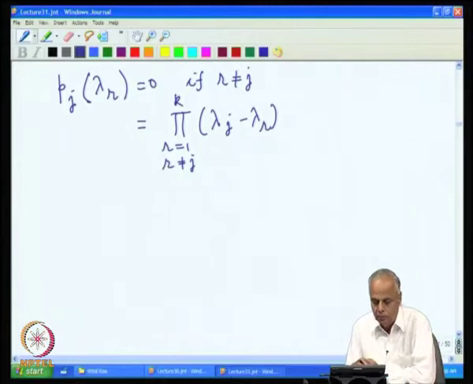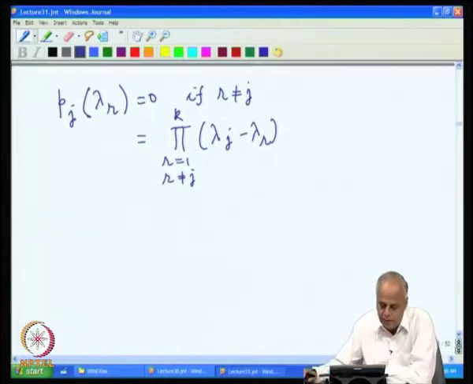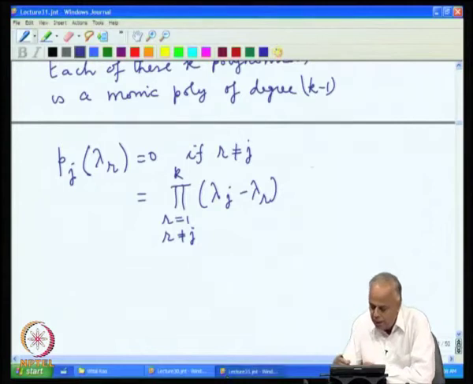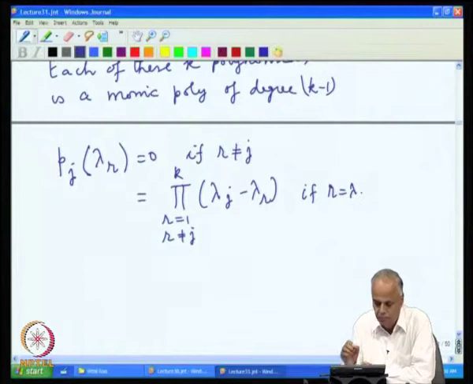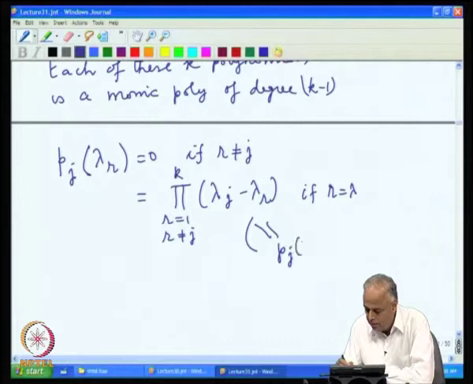Now, we have this polynomial p j which vanishes at all these points except at lambda j, where it takes this value. So, p j lambda r is 0 if r is not equal to j. So, this is p j lambda j.